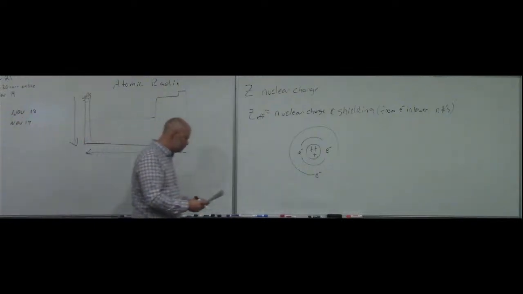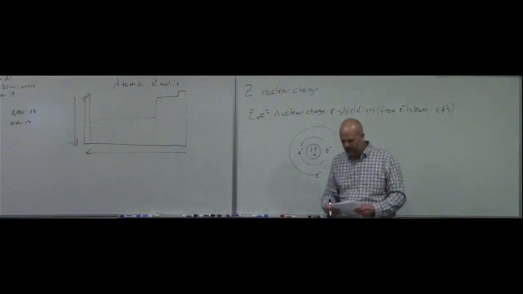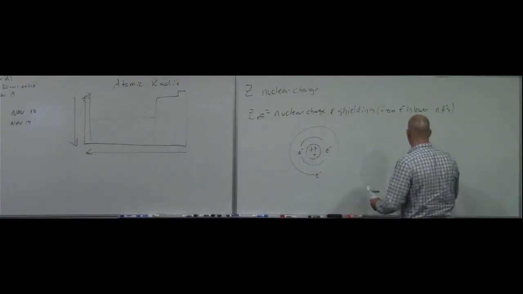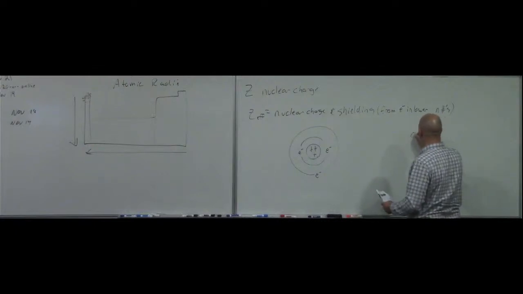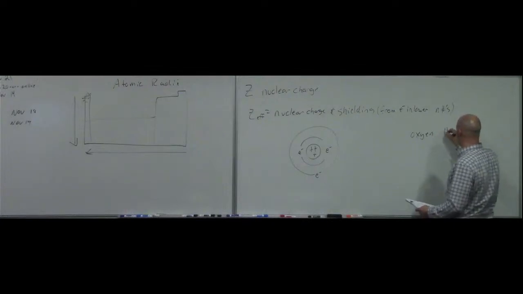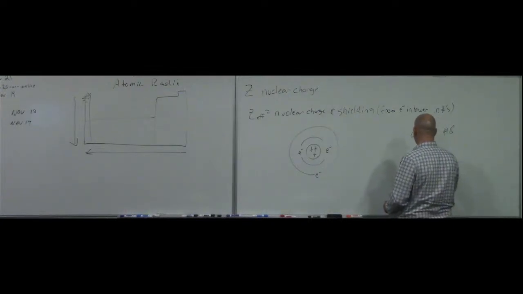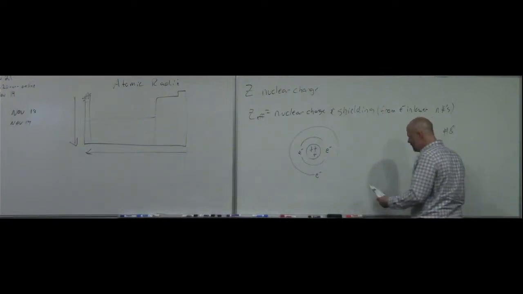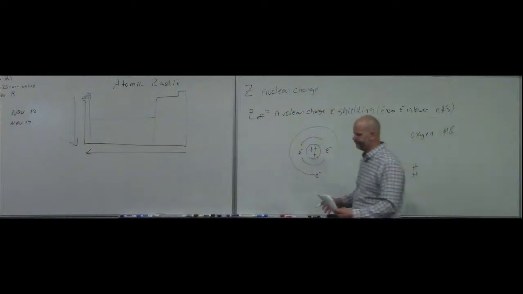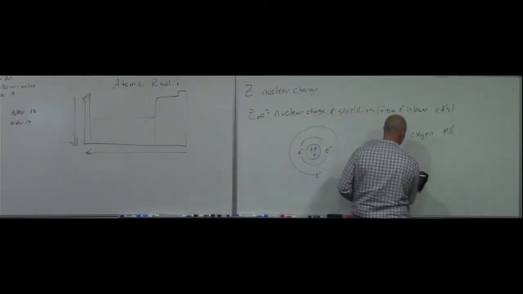So let's look at, let's do oxygen. Okay. Oxygen is atomic number 8. Right, so 8 protons. Let's do something a lot bigger. Let's go bigger than oxygen. Oxygen is not big enough to really get the idea.